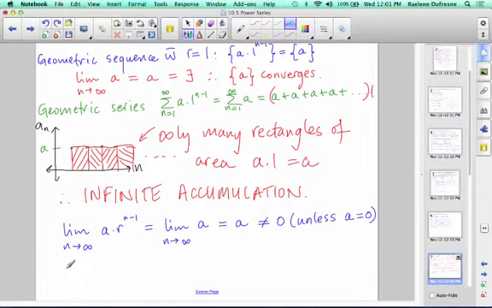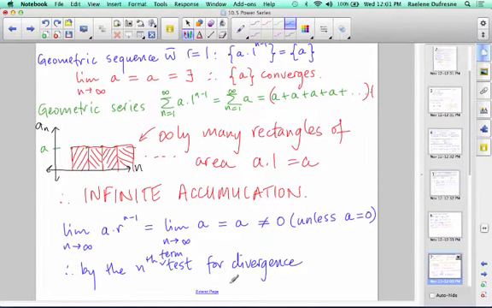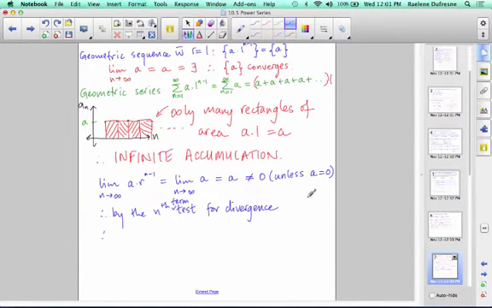And therefore, by the nth term test for divergence, the geometric series with r equal to 1 diverges.